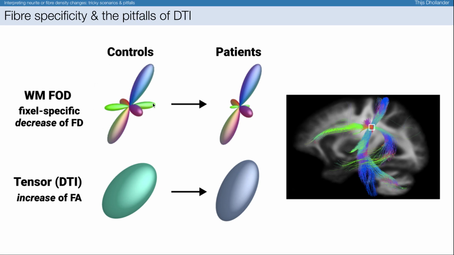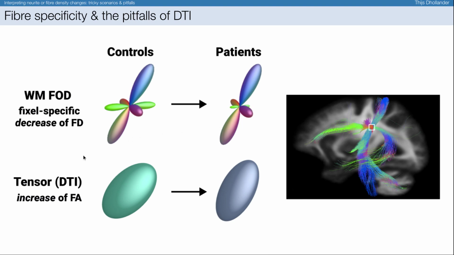And we can get very specific fiber density measurements for each of these fiber populations, and that allows us in analyses, for instance, to detect that in a patient group maybe this lobe here is affected compared to that one, so the SLF has suffered some damage, whereas the corpus callosum and the corticospinal tract remained intact. So this offers multiple advantages, but one of them is specificity. We can assign it to this population.